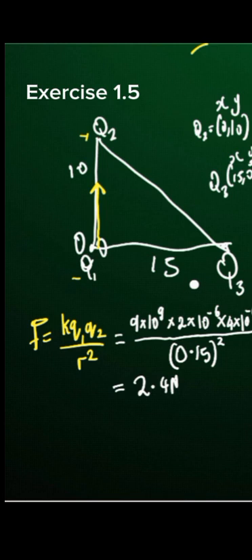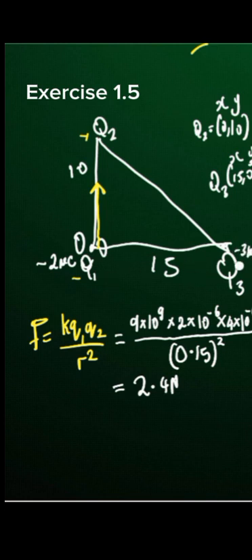But if we want to consider this in sign, we see that this Q1 is plus 2 microcoulomb, and this Q3 is minus 3 microcoulomb.